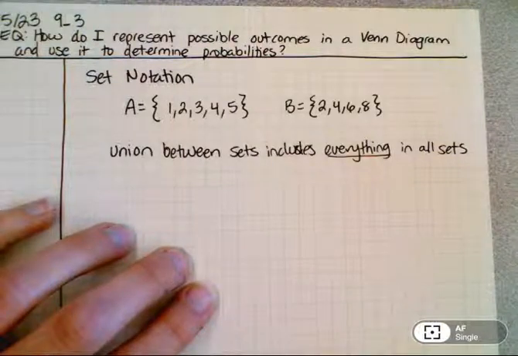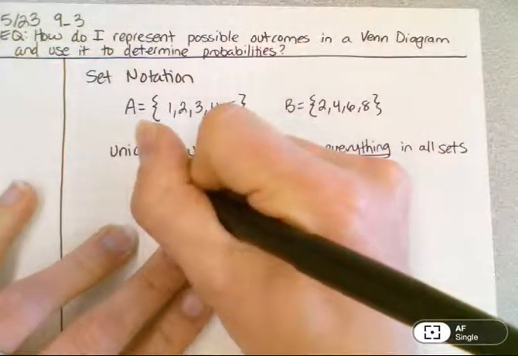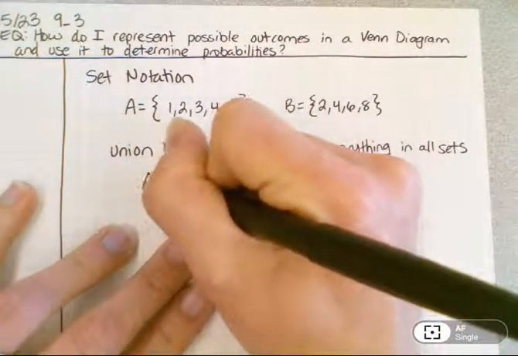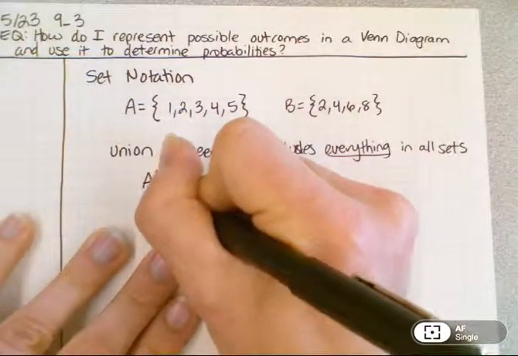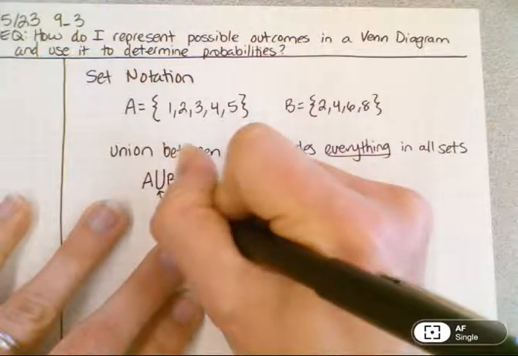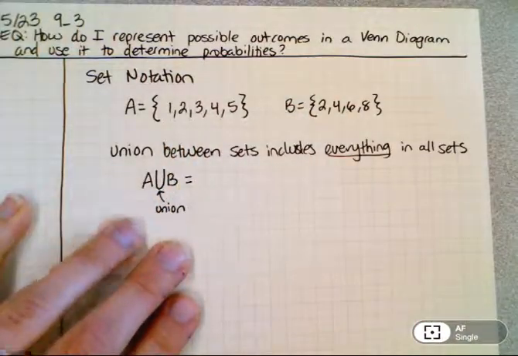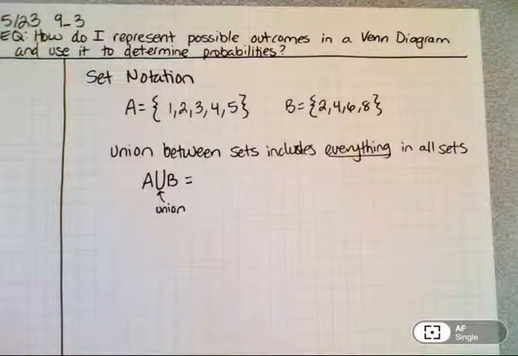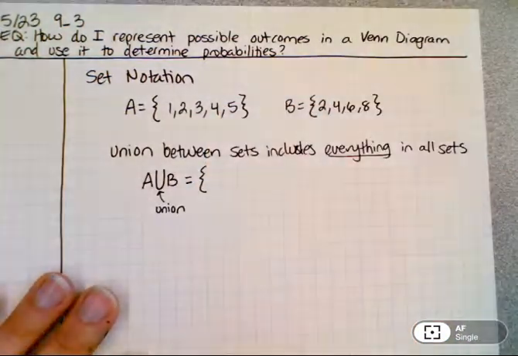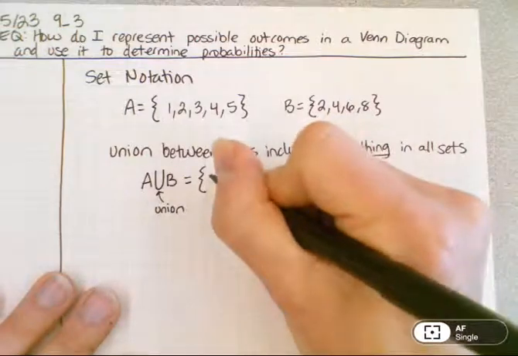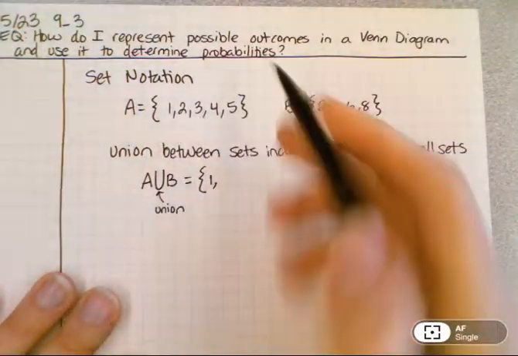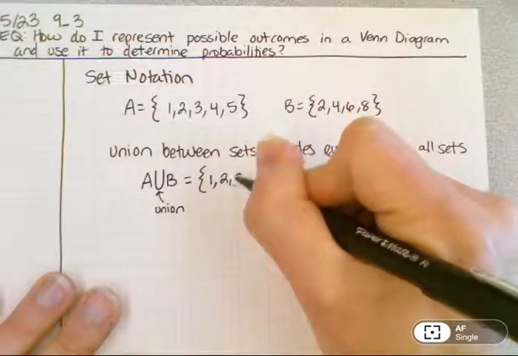And the way that we would notate that is we would say the union of A and B, that symbol means union. So the union of A and B, and it's a kind of a big U, and in this case we would list everything in both sets. And you want to go in order if we're dealing with numbers. So 1, 2, 3, 4, 5.